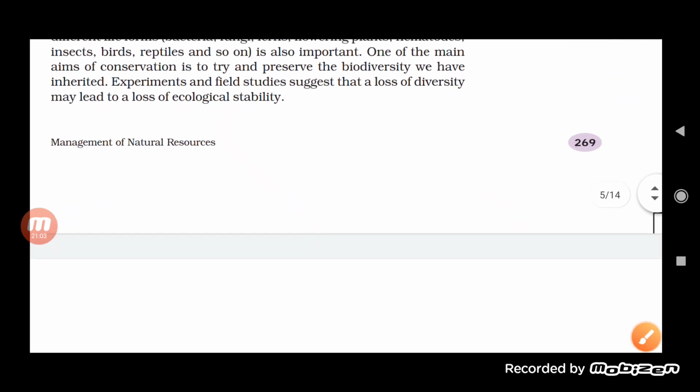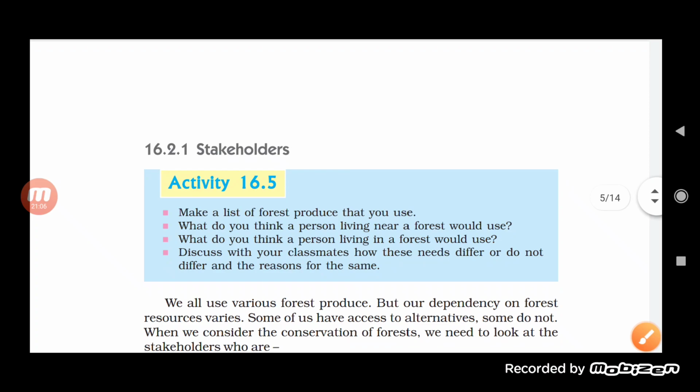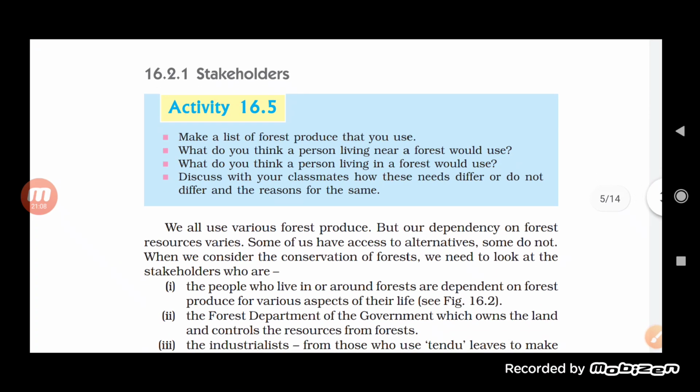Now, students, a person with an interest or concern in something is called a stakeholder. When we consider the management of forests, we find that there are 4 stakeholders.